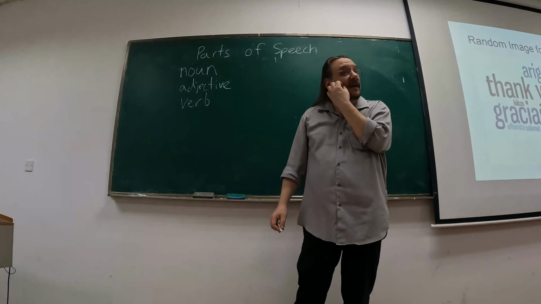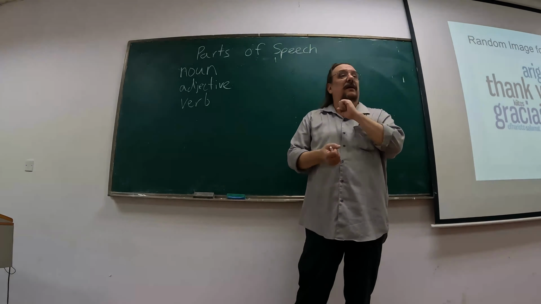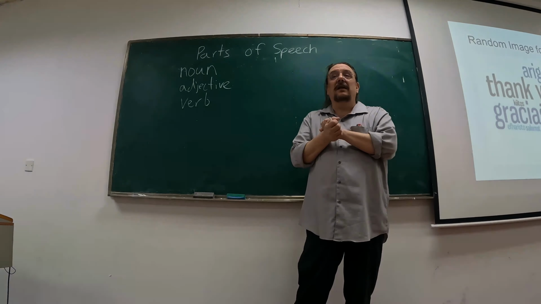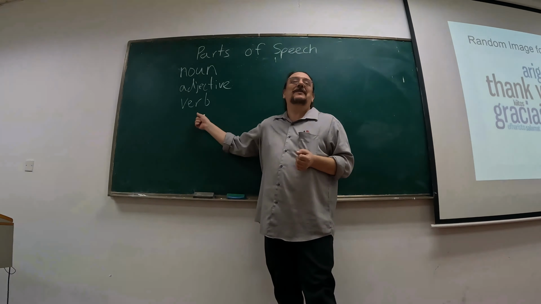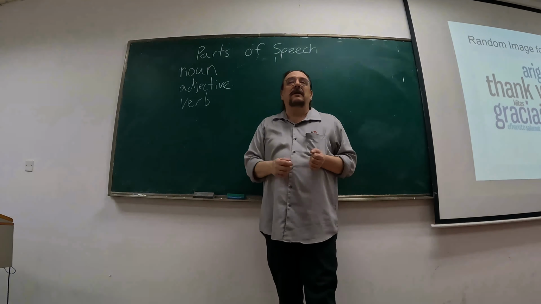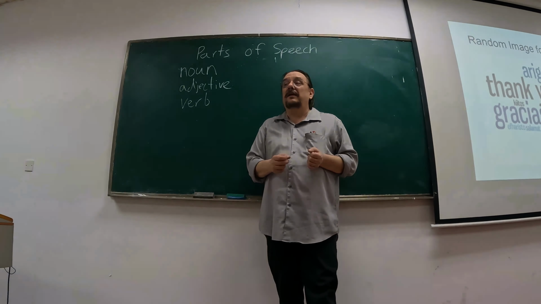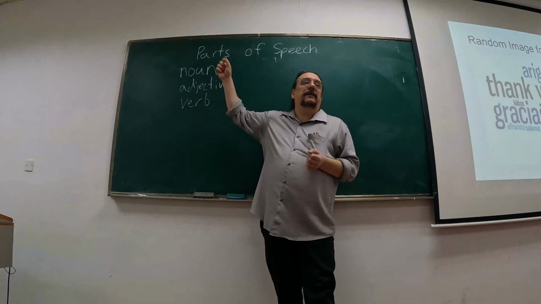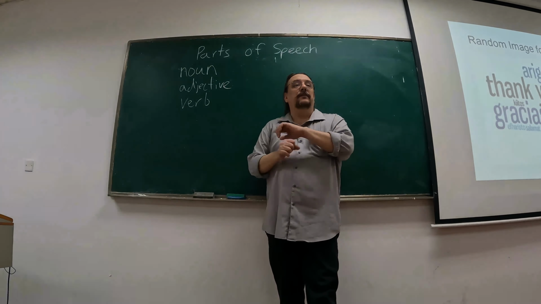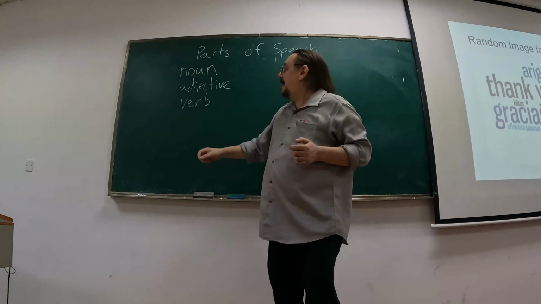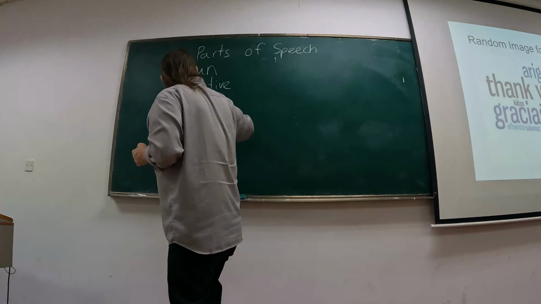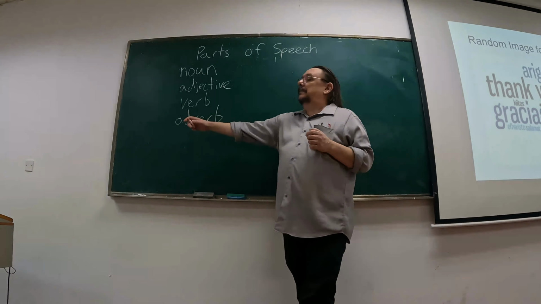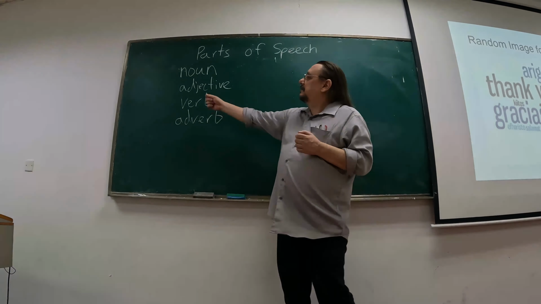What else? Okay, we got 4 big important ones before we get into those. What's the other big important one? It goes with these 3. Yeah, adverb. Okay, before we get into the smaller ones, let's look at these big ones.